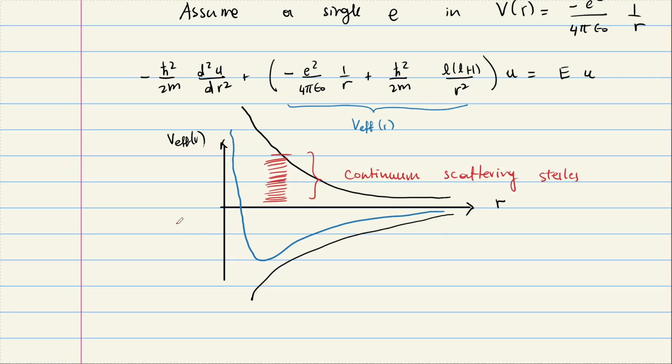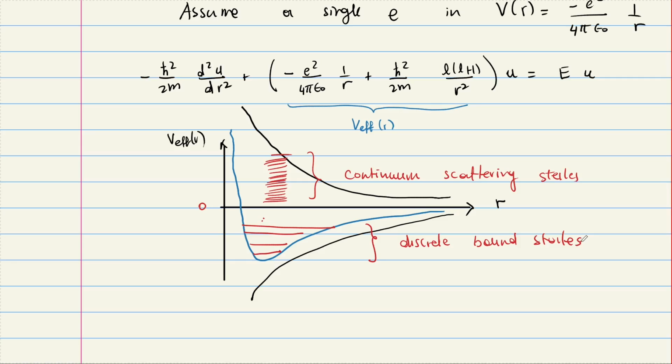But also, right, this is 0. If the energy is smaller than 0, where 0 is the value of the potential at infinity, we have bound states. And bound states are discrete. So we have 1, 2, 3, 4, dot, dot, dot. So these are discrete bound states.